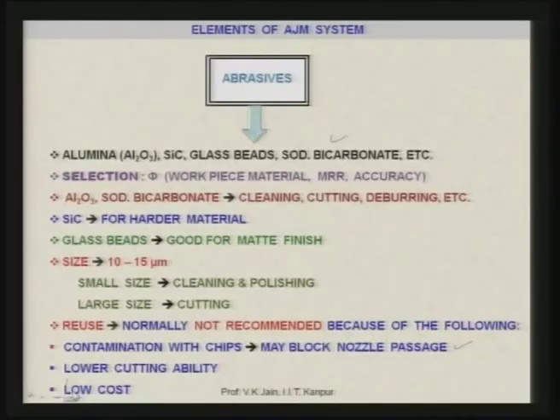Secondly, if the abrasive particles get contaminated with the chips removed from the workpiece material, then the cutting ability of the abrasive particles reduces. And thirdly, the abrasive particles are not very expensive, so one can easily afford not to reuse the abrasive particles in the AGM process.